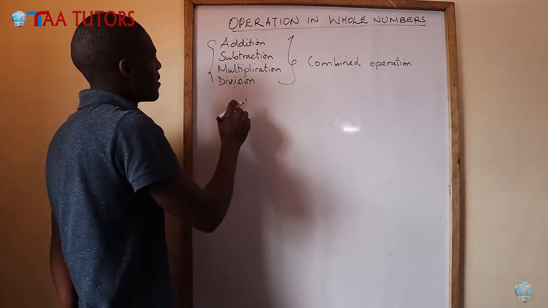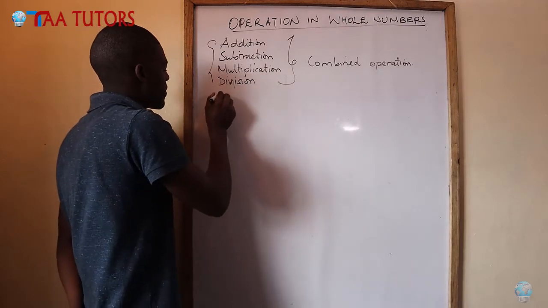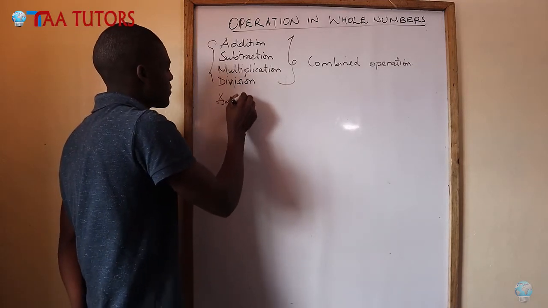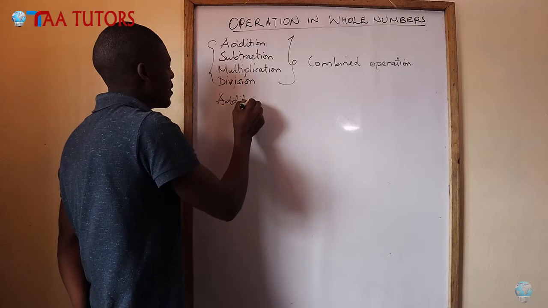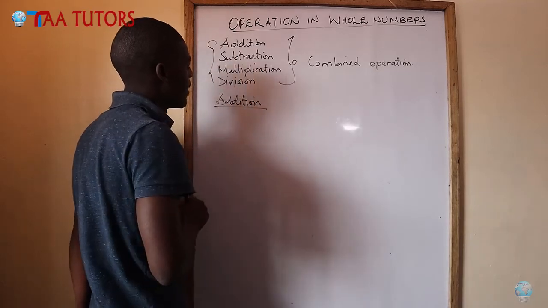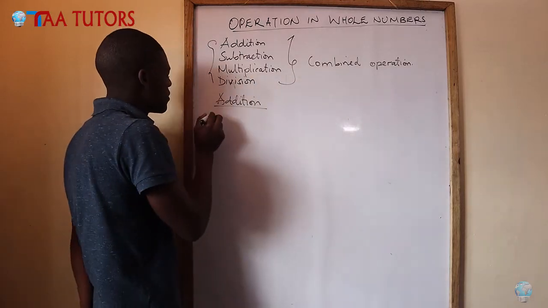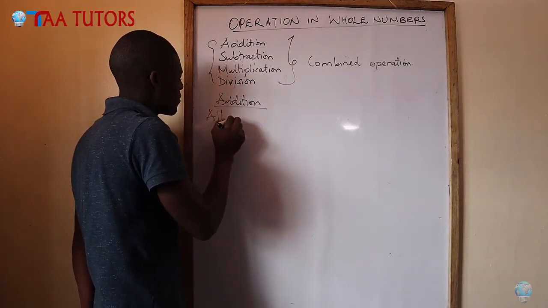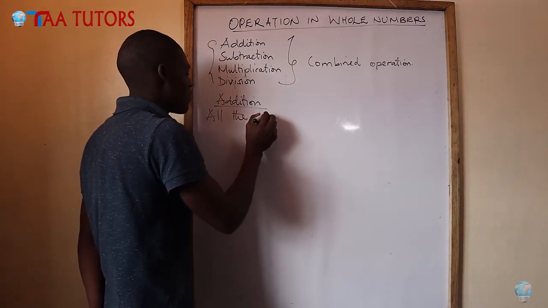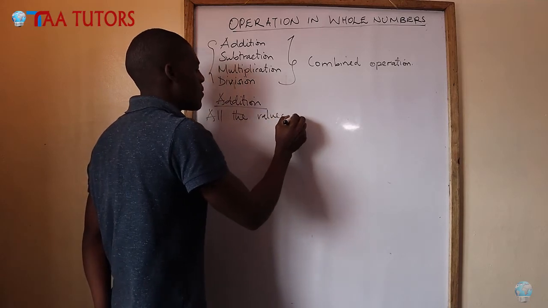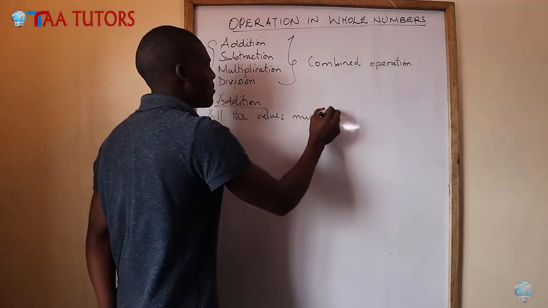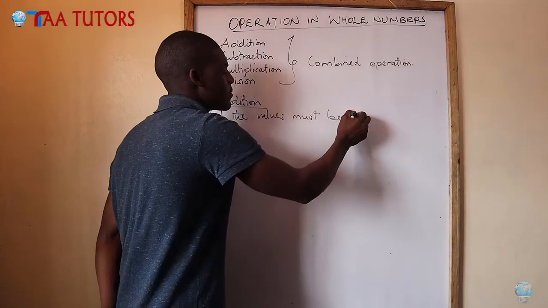First one. Now when we have this one, we will start with the first one, that is addition. In addition, it is a simple thing that we have to know, that all the values must be aligned.